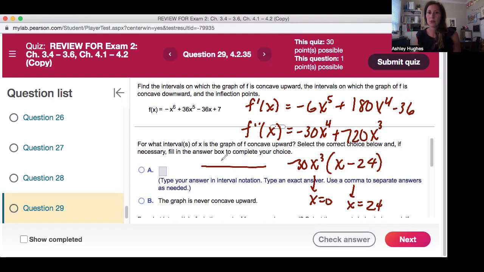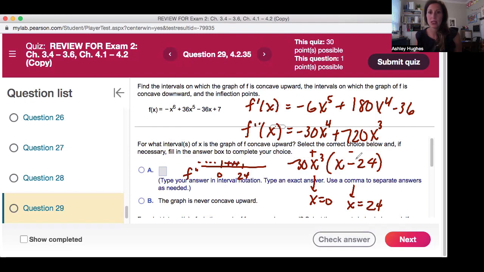Then if I put those on an F double prime line, I put it in here, that'd be negative, that would be negative, so that would be positive. If I put a 1 here, oh no, wait, I'm sorry, there's a negative out here also. Oops, my bad. I wasn't thinking about that -30. That's 3 negatives, so this is negative. No, 1 would make this positive, because it's 2 negatives.